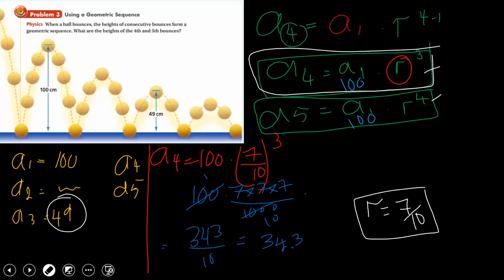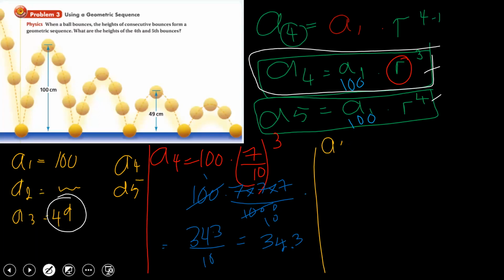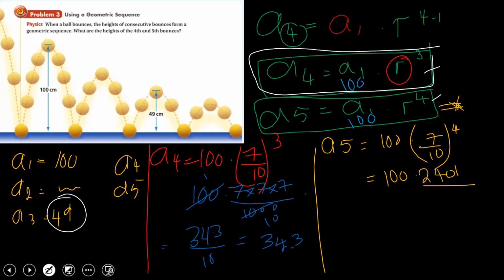And I have to find now a sub 5. So a sub 5 is 100 from here times r, which is 7 over 10, but now raised to the power 4. So it will be 100 times 7 raised to the power 4, which is 2401, over 10 raised to the power 4.